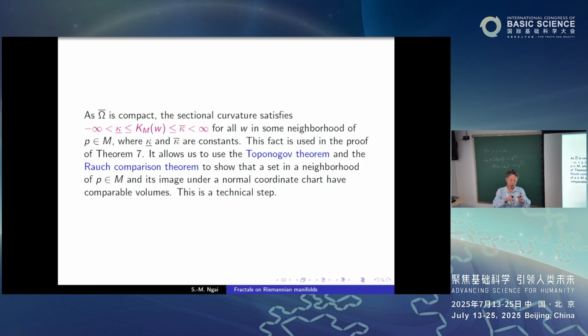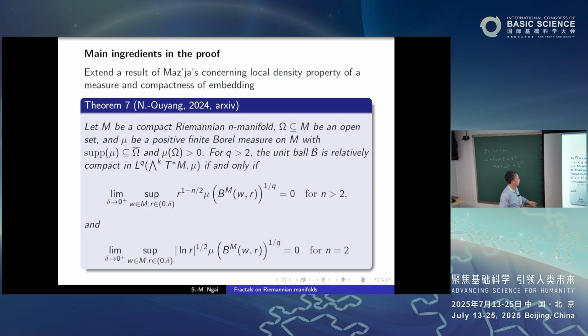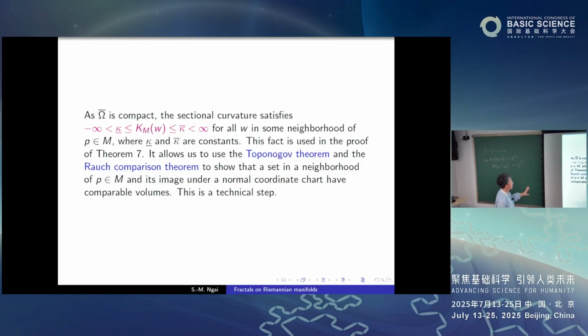So we have to somehow control the distortion of the balls, of the sets, because the size of the sets could change the mesh. So we use comparison theorems to prove that the distortion can be controlled.